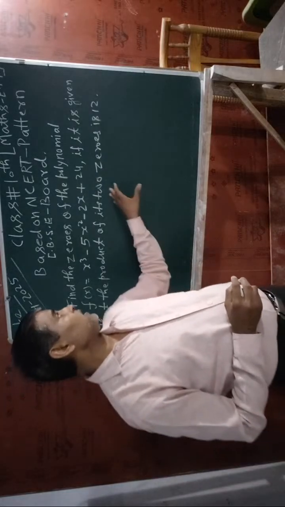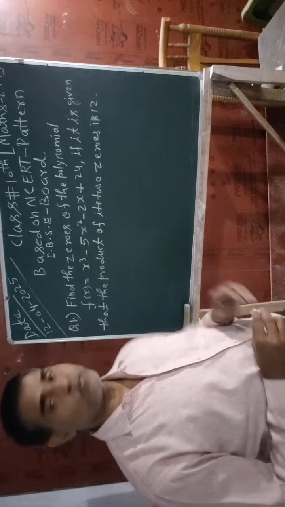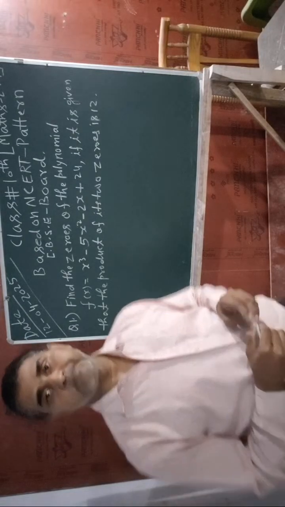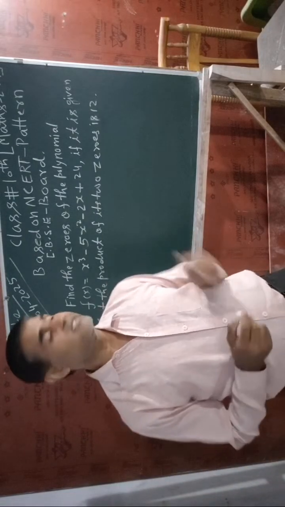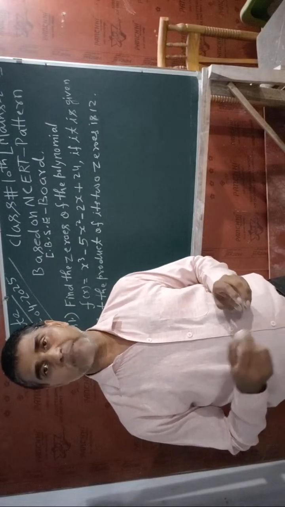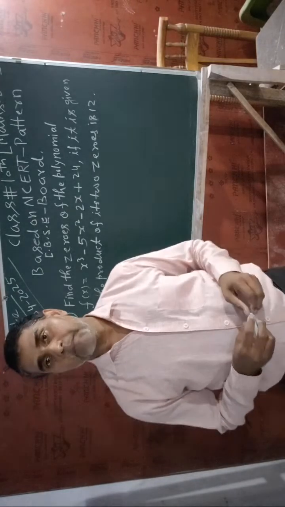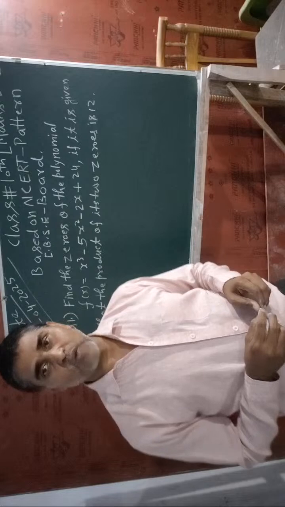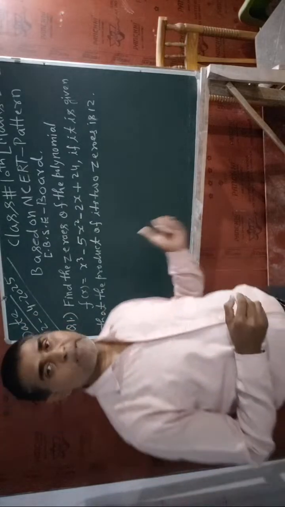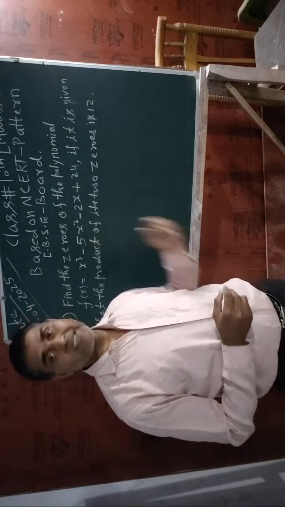I will write this polynomial, and then I will write the sum of the zeros, alpha plus beta plus gamma, is equal to minus coefficient of x square divided by coefficient of x cube, and we will take the values from the given polynomial.